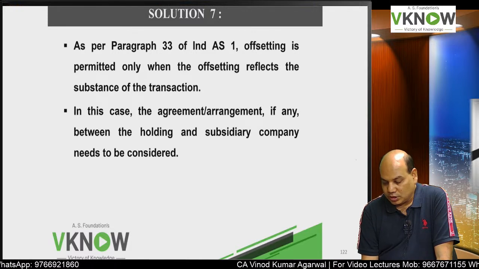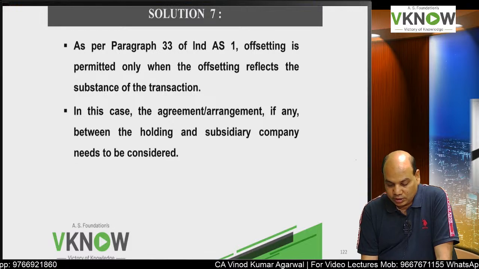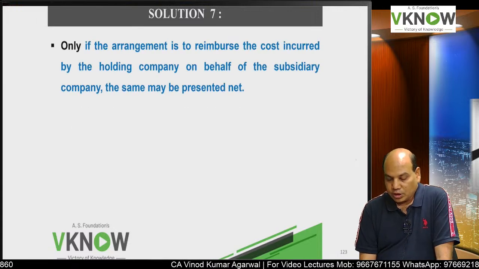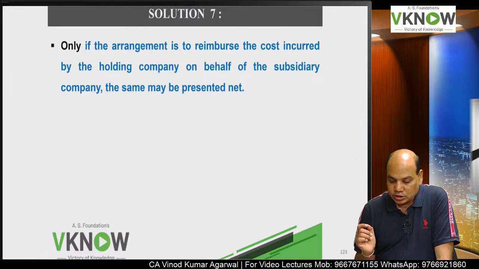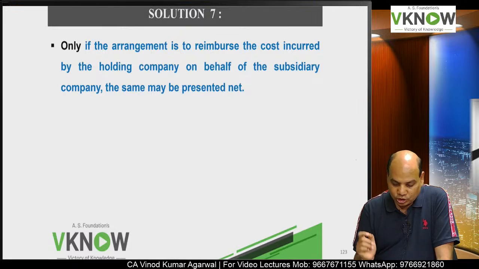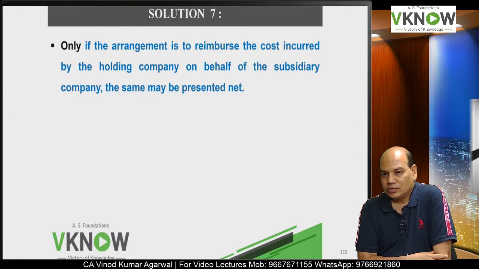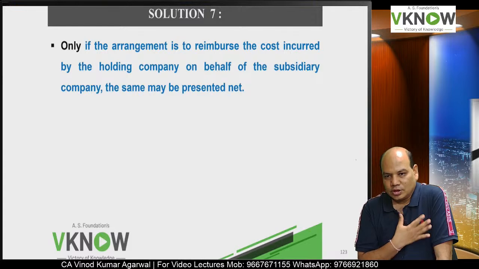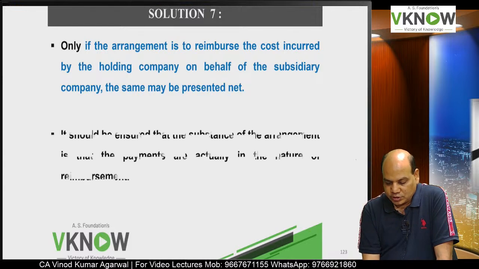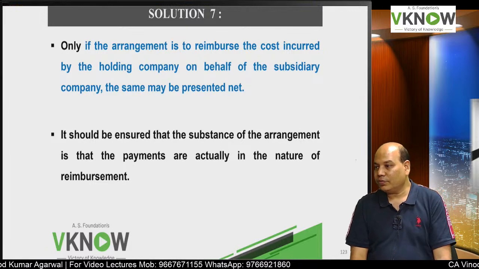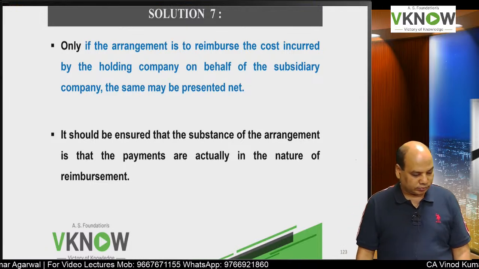So first you have to see whether any agreement between the holding and subsidiary company needs to be considered. If the agreement is to reimburse the cost incurred by the holding company on behalf of the subsidiary company, like that earlier example of Ind AS 37, that you first incur the expense and then I will reimburse you, then the same may be presented net, and it should be ensured that the substance of the arrangement is that the payments are actually in the nature of reimbursement. So usually, as I said, they can be netted off.